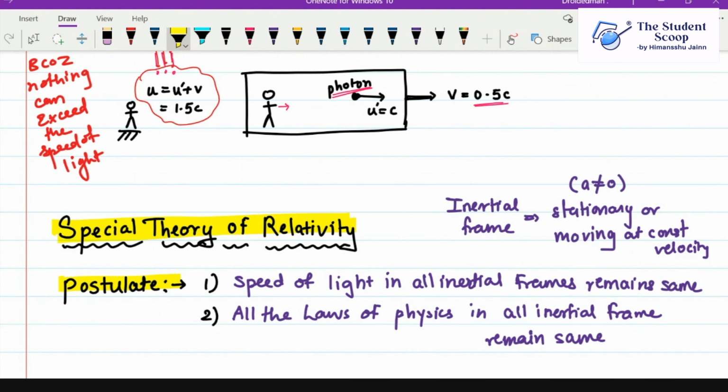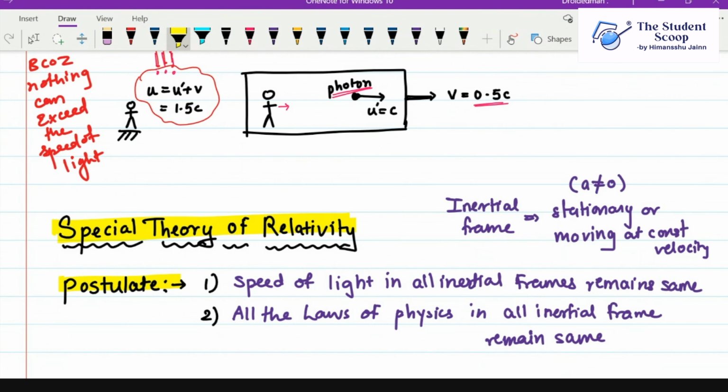So whether a person in the train is measuring the speed of light or a person on the ground, no matter what speed the train is going, the speed of the photon will always be c. That is the maximum, 3 into 10 raised to 8, unless a photon travels through a medium. Whenever light goes through a medium, refraction, dispersion, all those phenomena happen where a photon or light can get slowed down. But we are talking about air or vacuum.